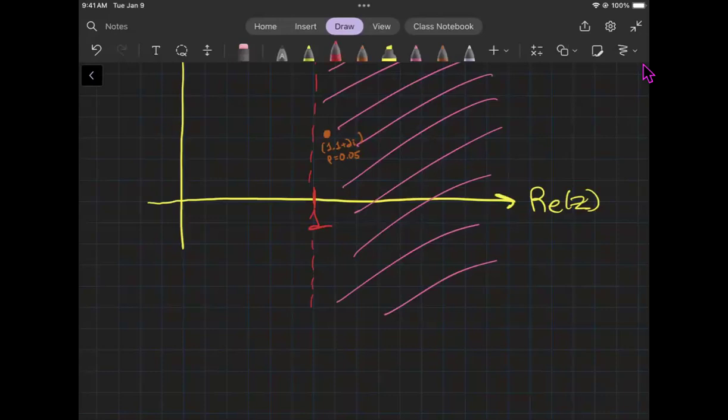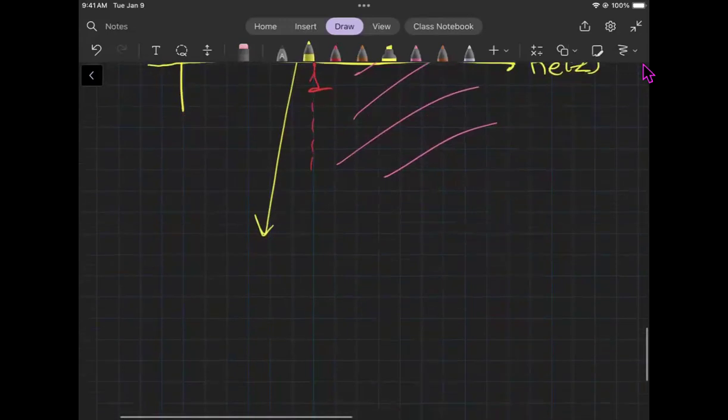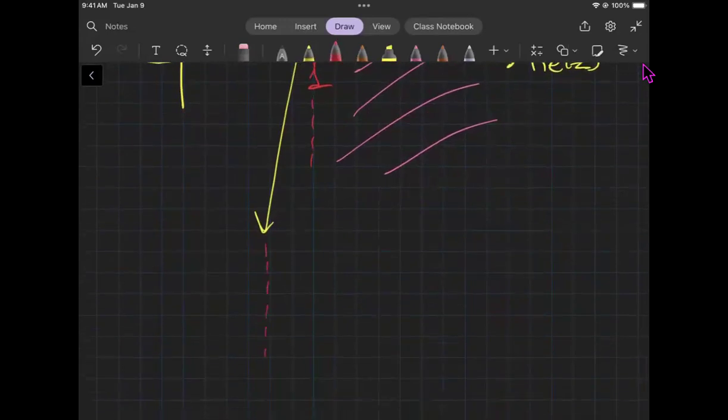So if I were to zoom in on this part, you're going to have the line here, and then the center, 1.1 and then 2, and then 0.05 is a really small number, right? So if I do this cross method, if I add 0.05 to the left and to the right, and 0.05 up and down, we'll get a circle, right?